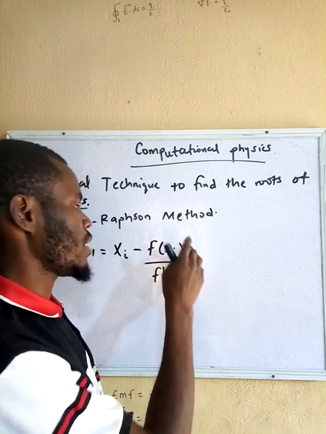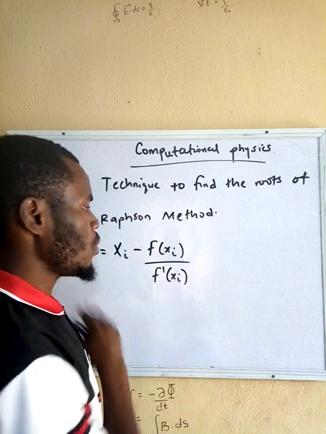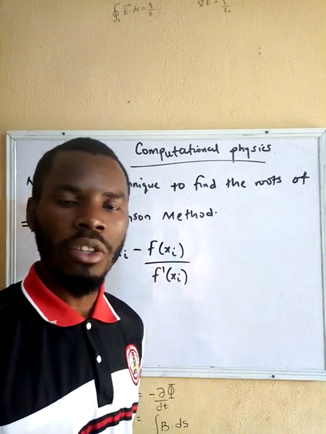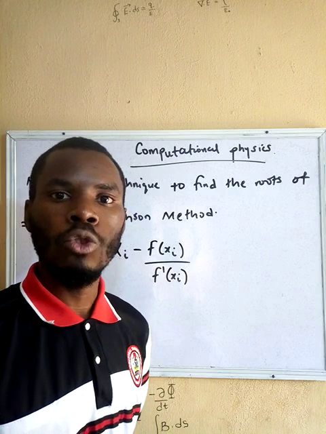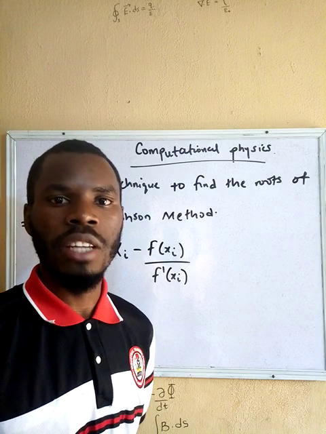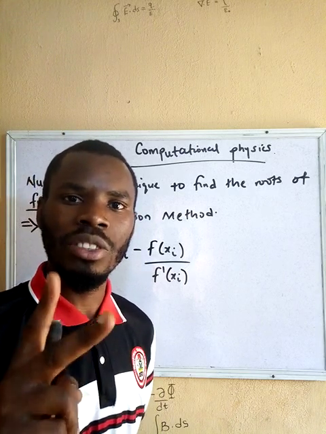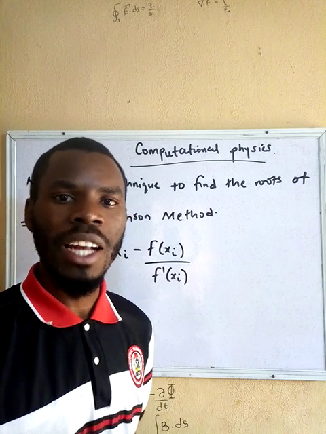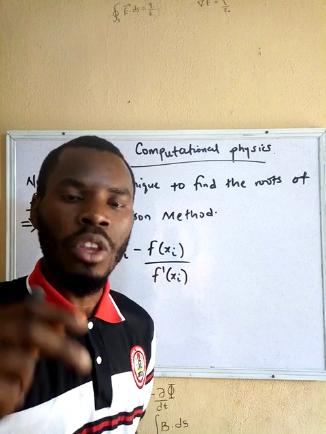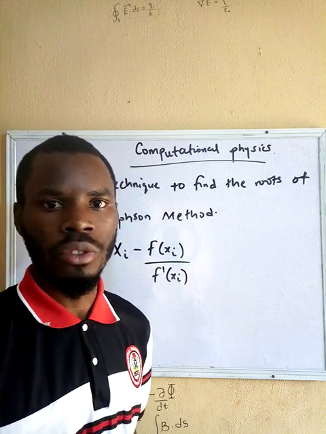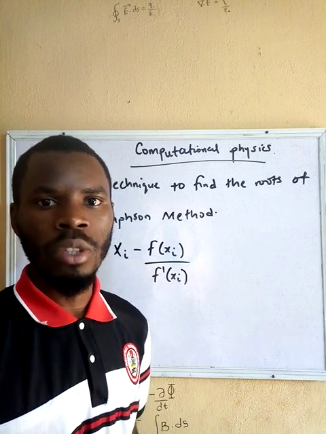By the time I compute this, I'm going to find a numerical value, and that numerical value will be used as the next initial guess until I get two preceding values that tally, then I'll stop. At that point, it is the root of that particular function. That is the algorithm we are going to use.